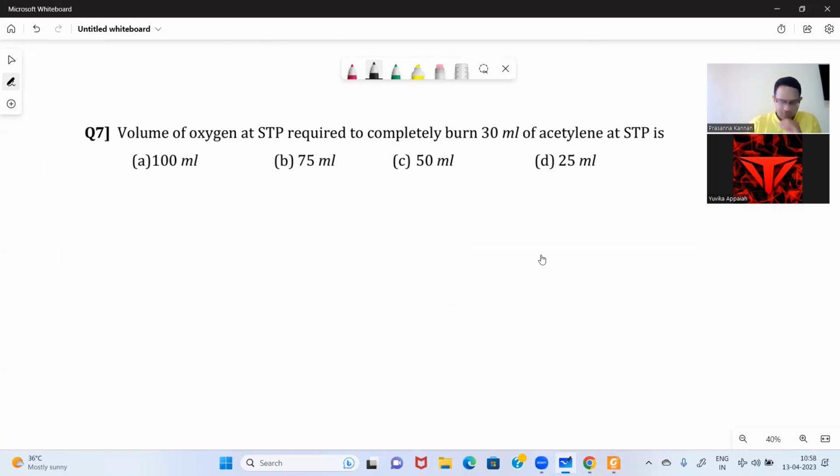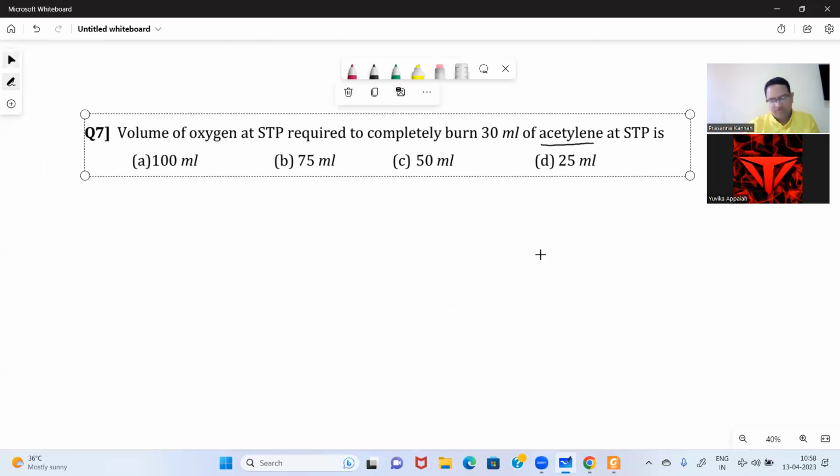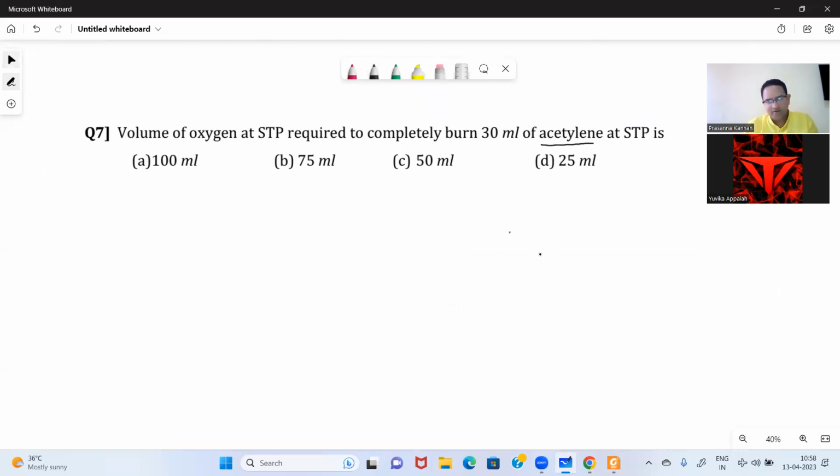So for this, we need to know the molecular formula and molecular mass of acetylene, right? And we need to know what happens when you burn acetylene with oxygen. Then we need to write the balanced chemical equation and then we can start our analysis. So acetylene is a hydrocarbon, right, Yuvika?